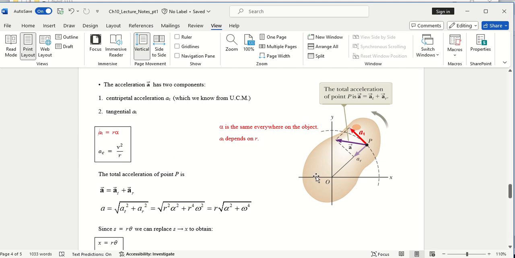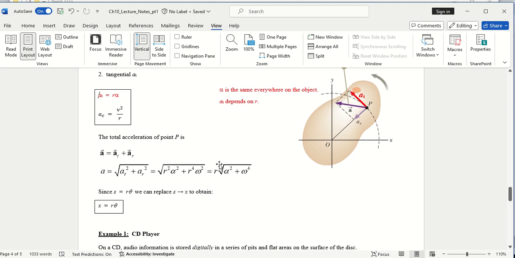And you can get the total acceleration vector A just using the Pythagorean theorem. When they take AT squared, the tangential acceleration squared, plus the centripetal acceleration squared, just the sides of your triangle, just Pythagorean theorem, they get to this expression.